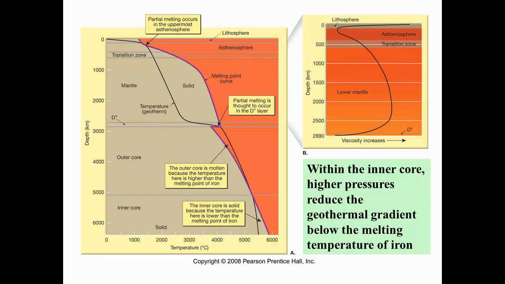The difference is that the inner core is at much higher pressures than the outer core. So even though the temperature of the inner core is even higher than that of the outer core, the greater pressures shift the geotherm into the solid region. Okay, so it's actually pressure, yeah.